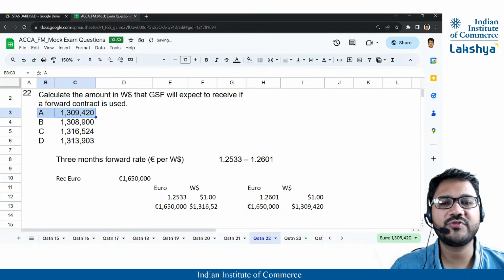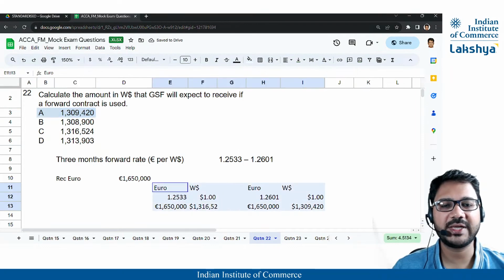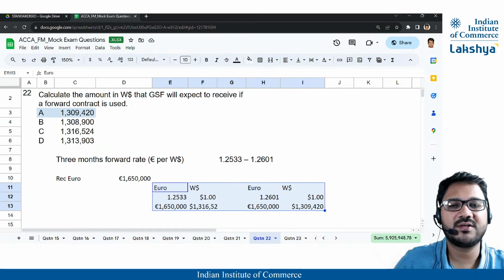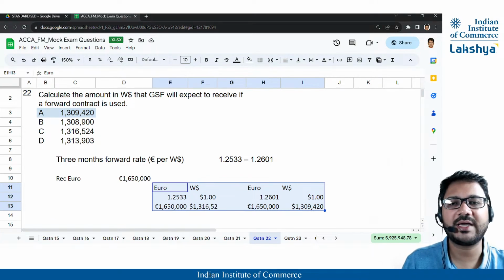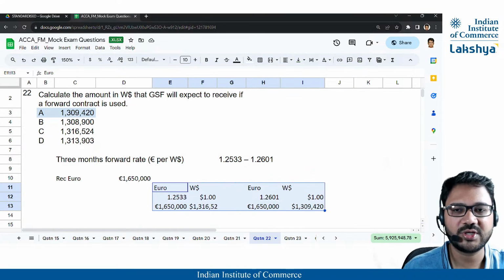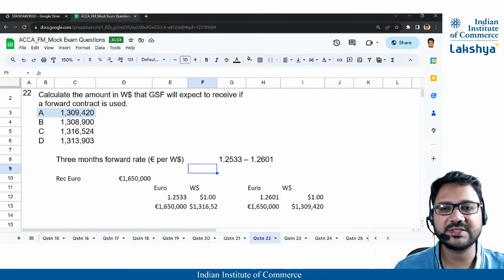Else, if you want to think of it logically, you don't want to do double calculations. Well, you have to say that for every euro that I give, because we are receiving in euros, how many dollars is the bank going to give us? The rate given is for every dollar, what is the euro.